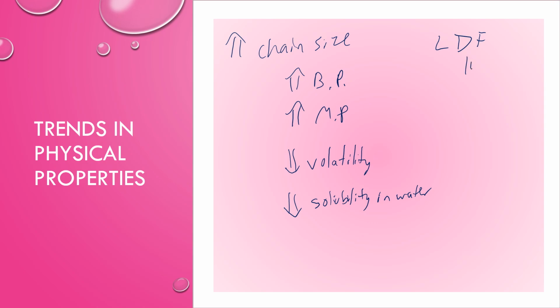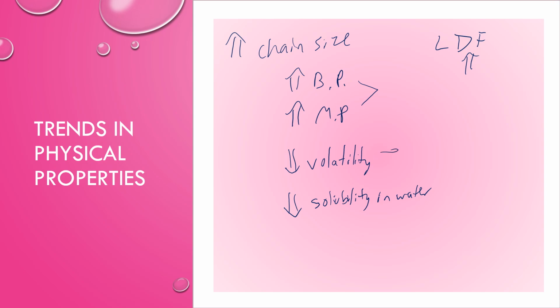If you have stronger London dispersion forces, it will take more energy to melt or boil. Volatility, remember, is how well the compound will evaporate. So the more volatile it is, the more it evaporates. So if it has really strong intermolecular forces, strong London dispersion forces, then it will be less likely to evaporate.